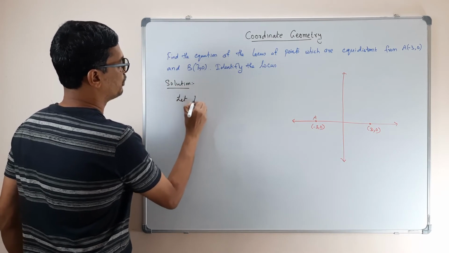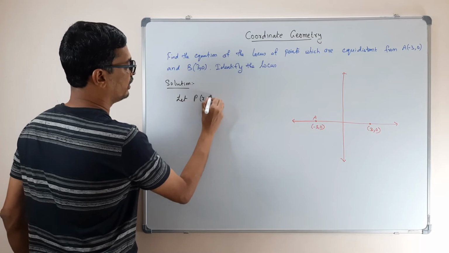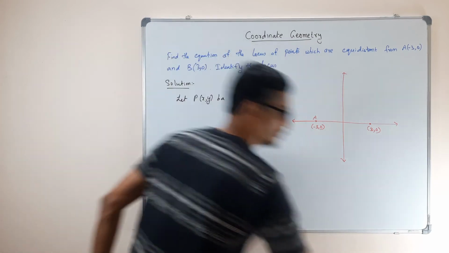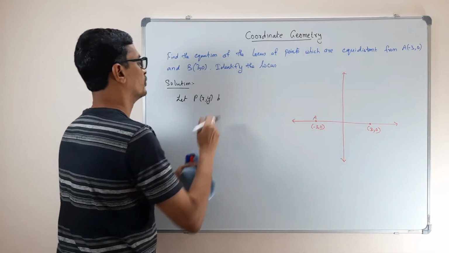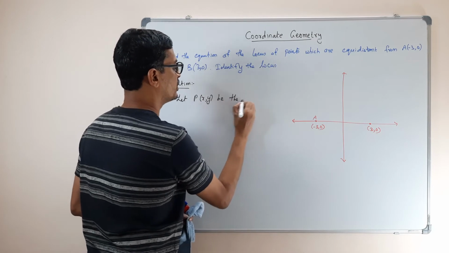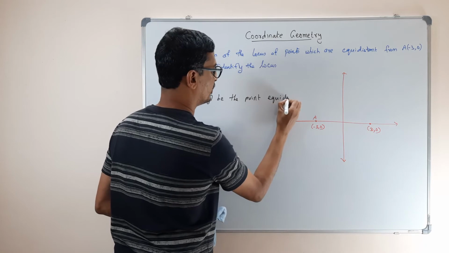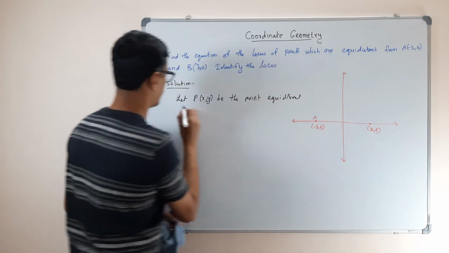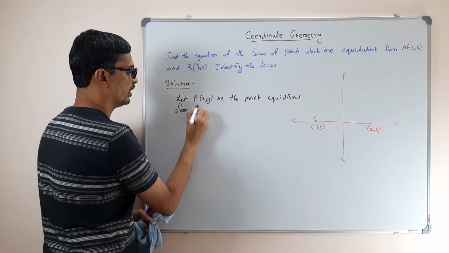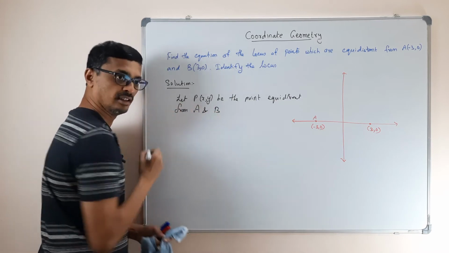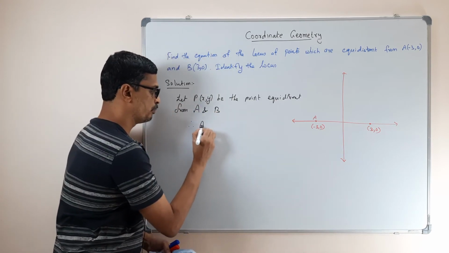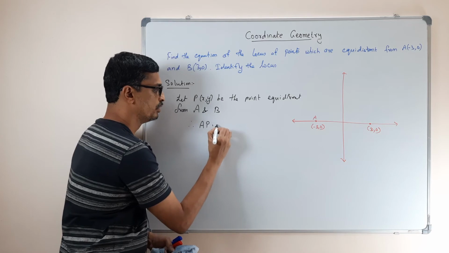Solution. Let P(x, y) be the point equidistant from A and B. Therefore, AP should be equal to BP.